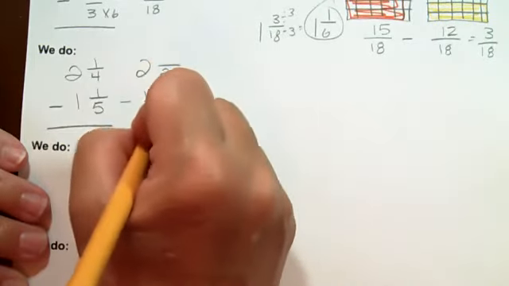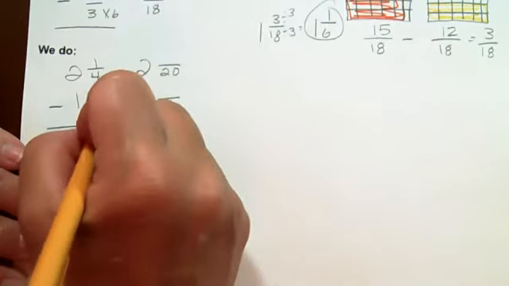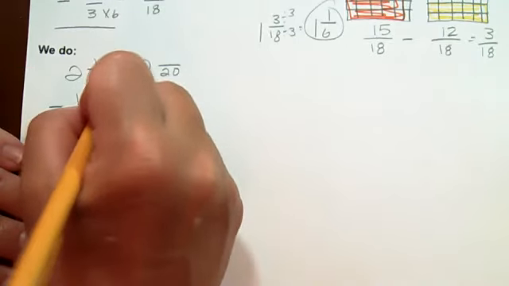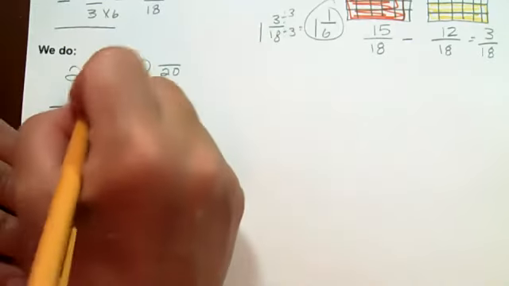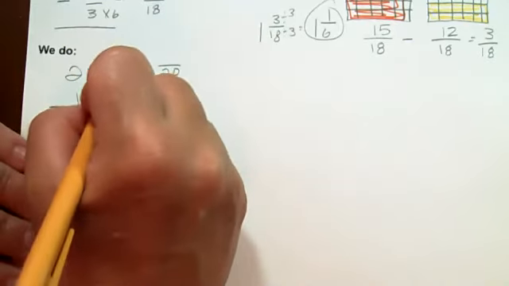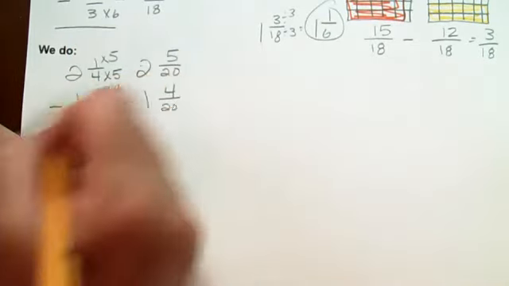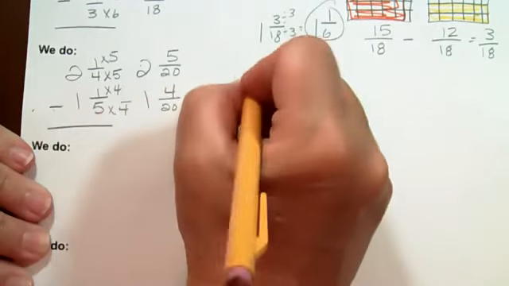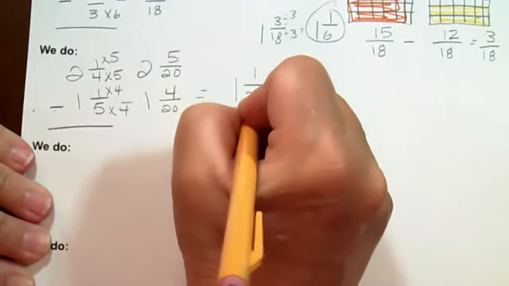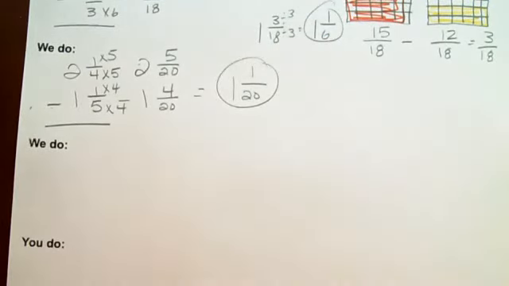If we need to work on the LCMs, we can do that too. 5 times 4 is 20, and 1 times 4 is 4. 4 times 5 is 20, and 1 times 5 is 5. 2 minus 1 is 1. 5 minus 4 is 1, with a common denominator of 20. So 1 1/20 is the answer.